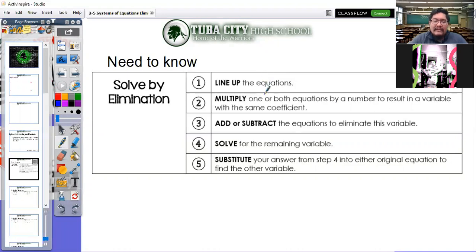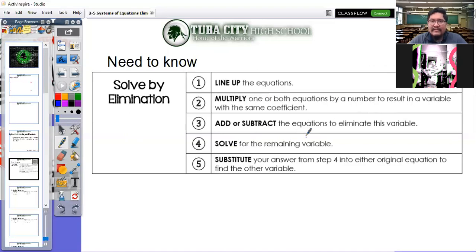Multiply: sometimes you might have to change one or both of the equations to result in a variable that has the same coefficient. Now you're going to have to add or subtract the equations to eliminate that variable. So you might have to change all of the signs so that one of the variables is eliminated. And then solve for the remaining variable.